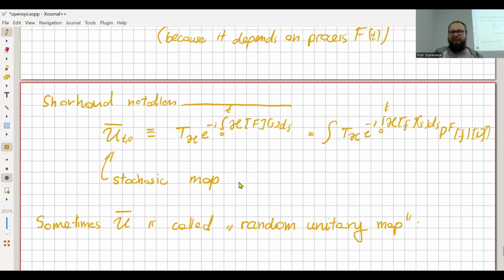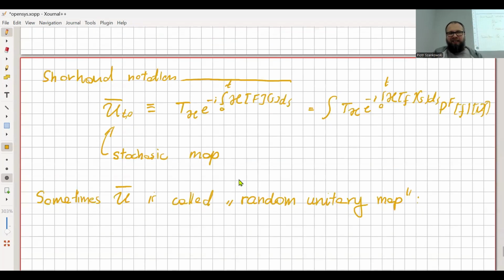If you look at U bar, each exponent here is a unitary map for a fixed trajectory of the process, so it's a trajectory-wise unitary map.